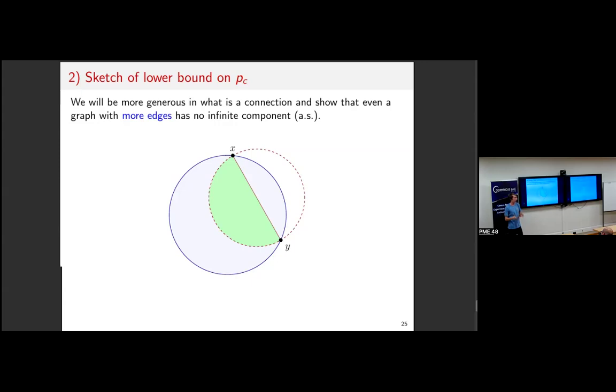Of course, you have now added some edges that are not there in the original model, but this doesn't matter, because we just want to say that there's no infinite component, and if you have too many edges and you can show it for this, that's already good enough. And this is very helpful, because otherwise, if you're unlucky, you would have to look at the whole space to say if two points are connected or not.